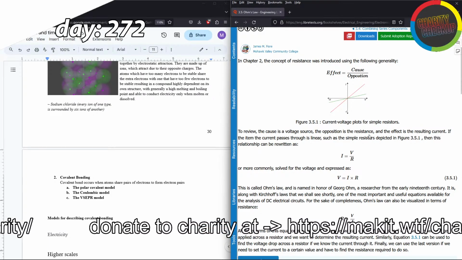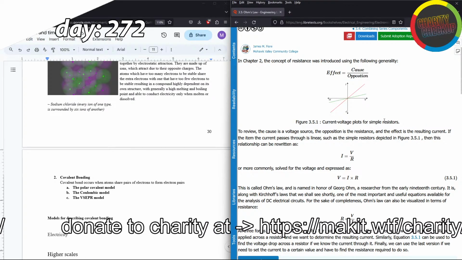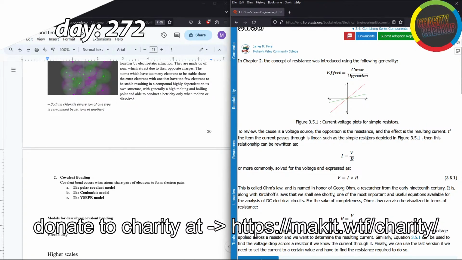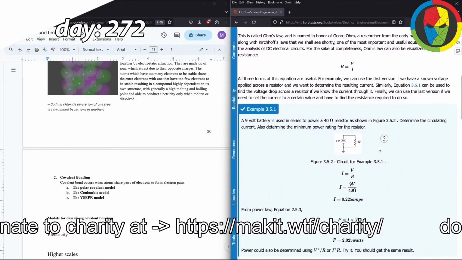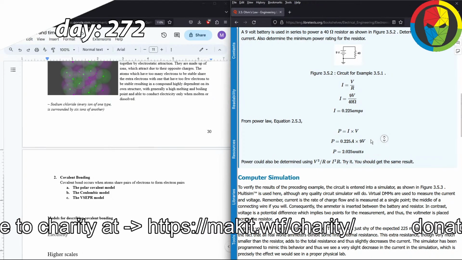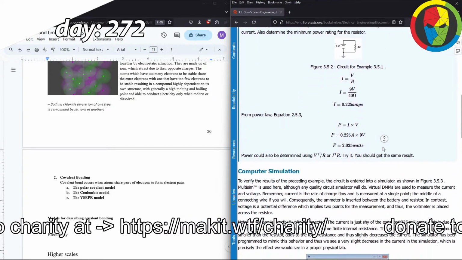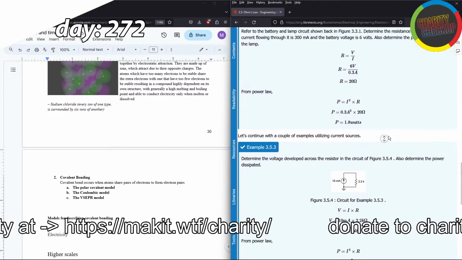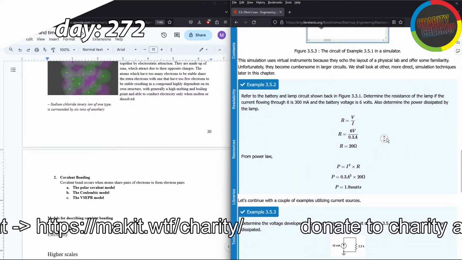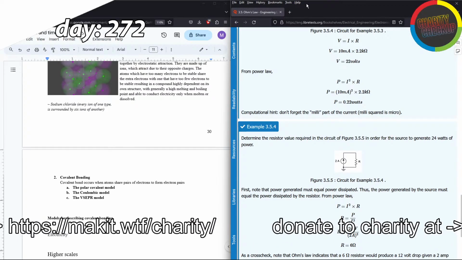Also I should, by the way, brush up a bit on what exactly is voltage and current, because they are always so confusing.